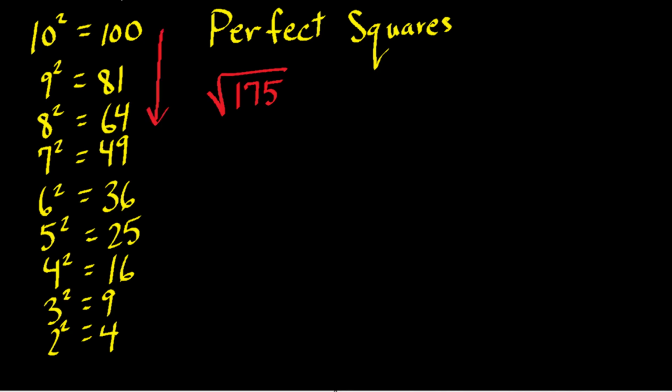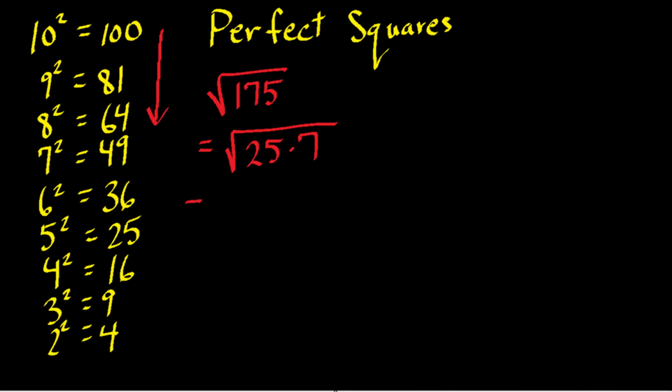As we work through this list, we'll realize that 25 is the largest perfect square that divides into 175 evenly. In fact, it's the only perfect square that divides into it evenly, and it divides in 7 times. So we can change 175 to 25 times 7.